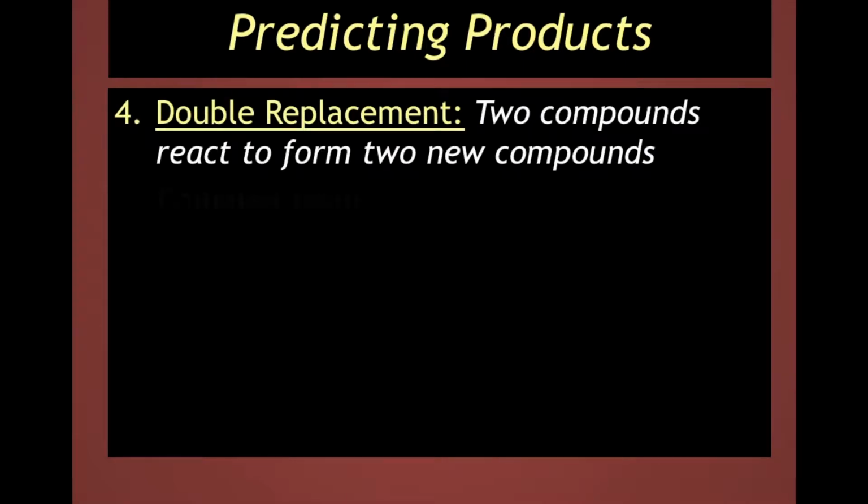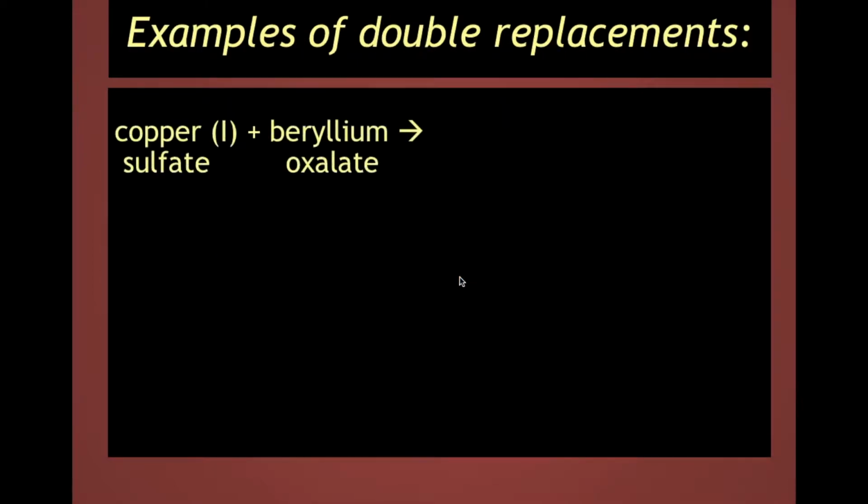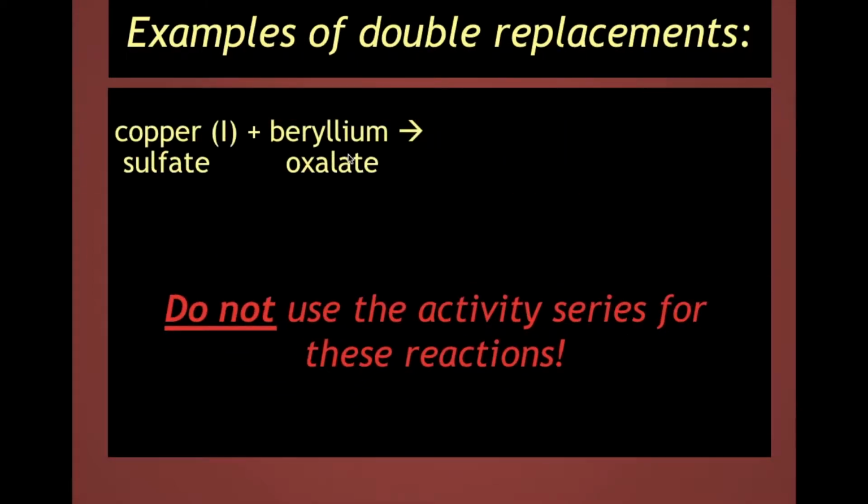So as far as predicting products, it's very simple because you're just switching one element with the other in each compound. Okay, so we're not going to use the activity series for these reactions. You're just going to assume the reaction occurs. The only time it might not occur is in single replacement reactions, and that's when you look at that list of metals to see if they will replace each other.